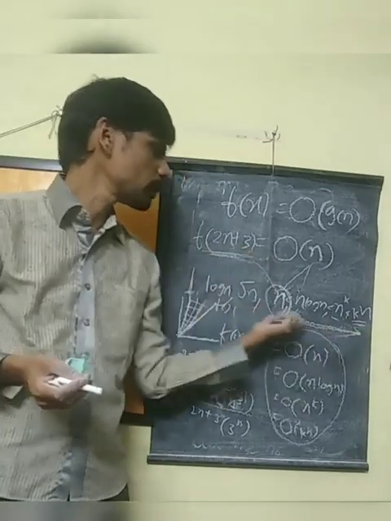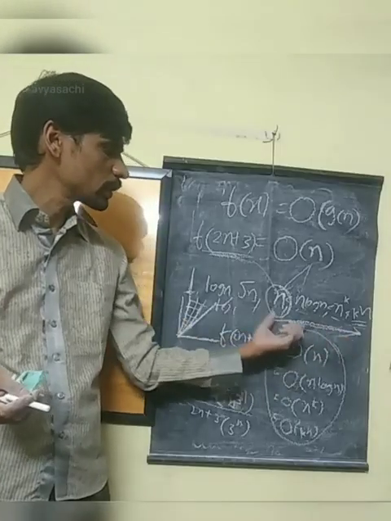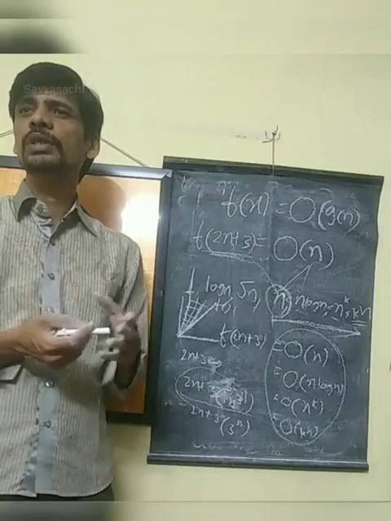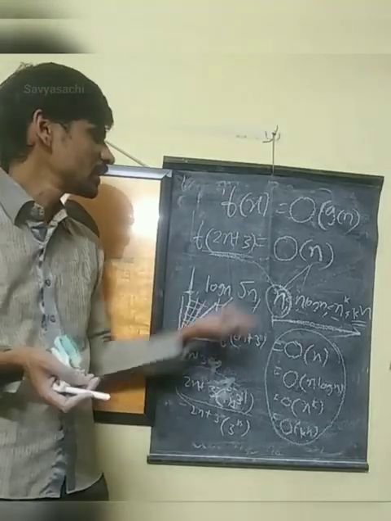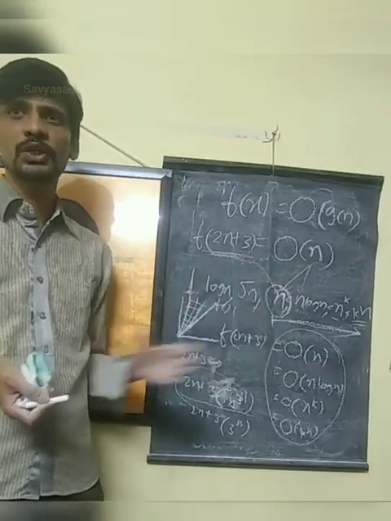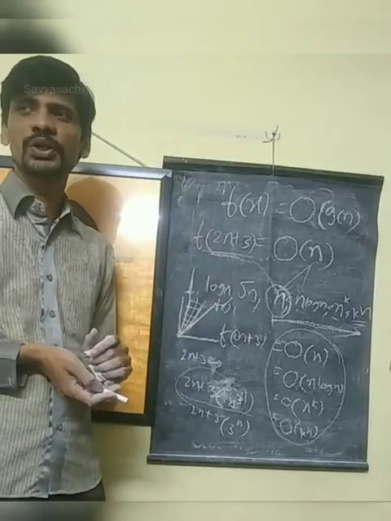What is the nearest upper bound? n, right? So we will always try to represent the nearest upper bound for any given function. So this is the overall concept of big O.